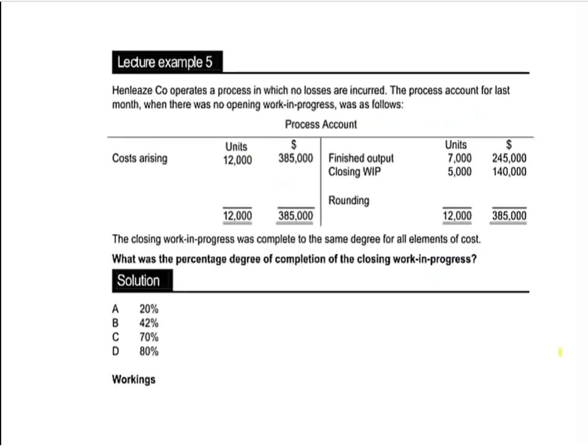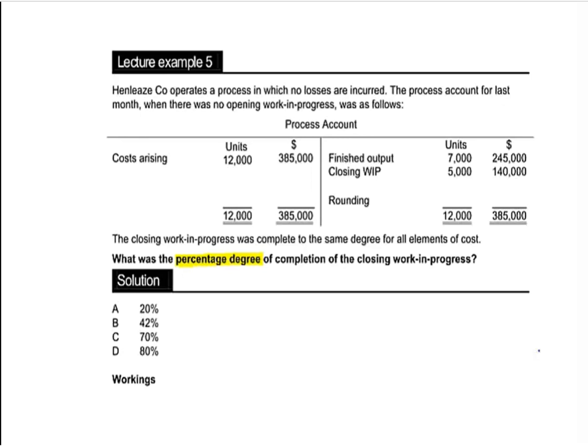For Henley's then in example 5, we have a completed process account. There are no losses incurred and there's no work in progress, but we do have some closing work in progress at the end of the period. And we're being asked to work out then what percentage degree of completion was that closing work in progress. So we need to work backwards then to work out how complete it was.